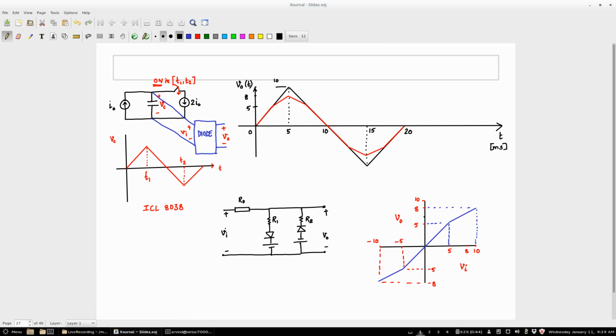All right. But up to 5 volts, what do you want to happen? V naught must be equal to Vi. R naught is not required. Just want the diode to be off. Okay.